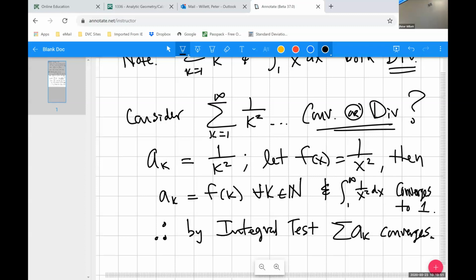So this test allows us to conclude that the series of 1 over k squared converges.